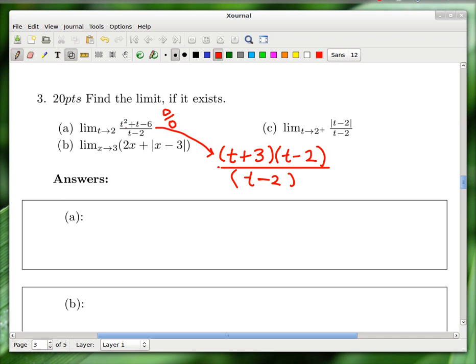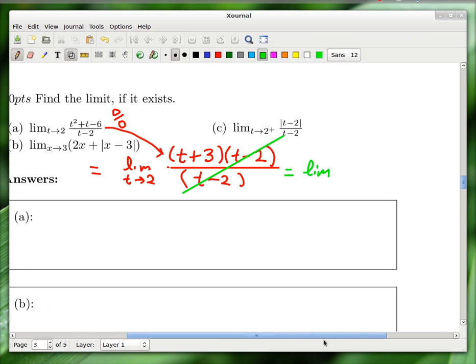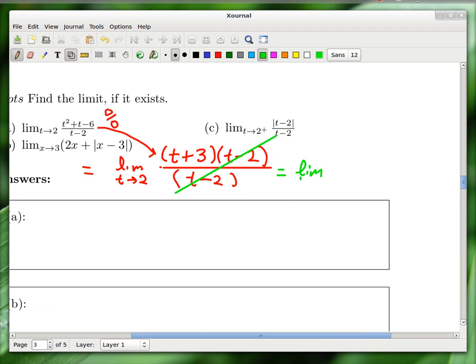Notice that I did not write equals the limit as t goes to 2, which is what I should do, so that it's really equal. And now strike this out. And we get this is equal to the limit of your tolerance for bright colors on the computer screen. This is equal to the limit as t goes to 2 of t plus 3.